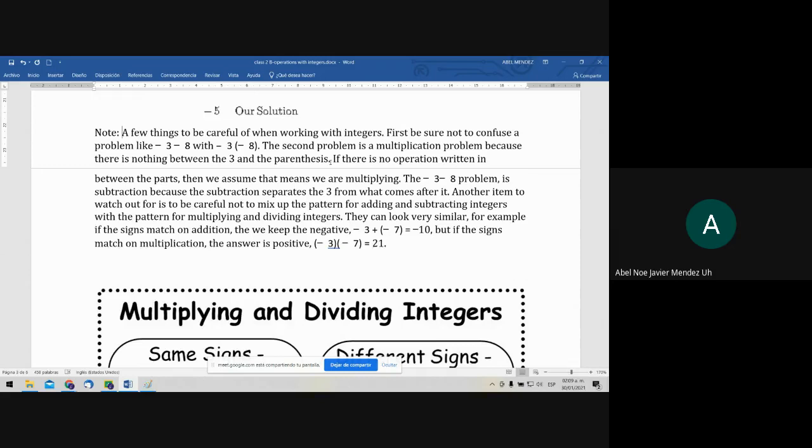With negative numbers and parentheses, we need to be very careful at the moment of solving this kind of operation.